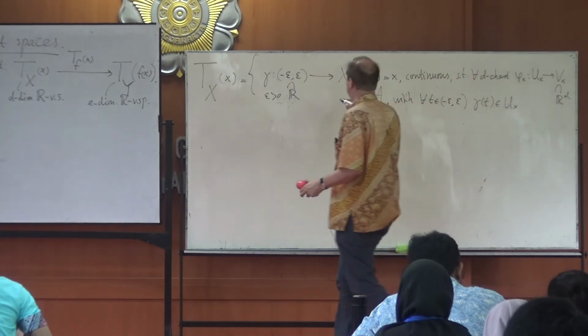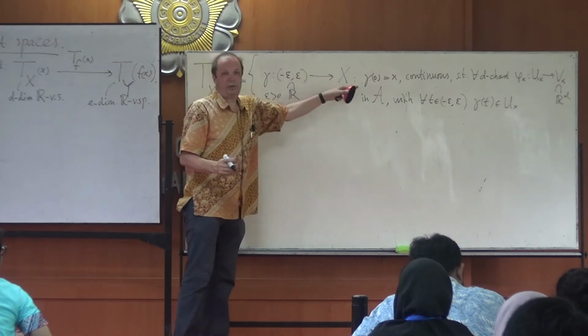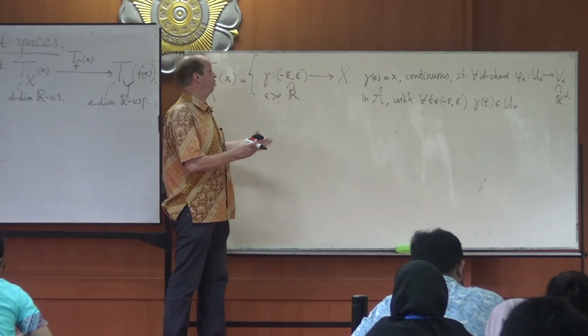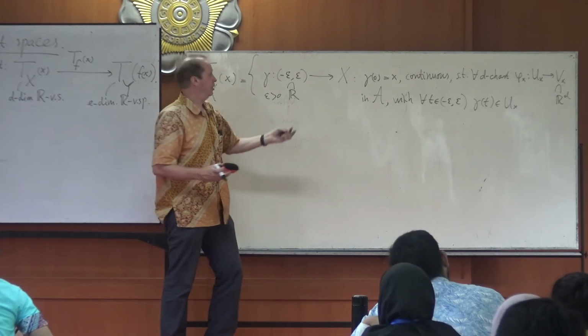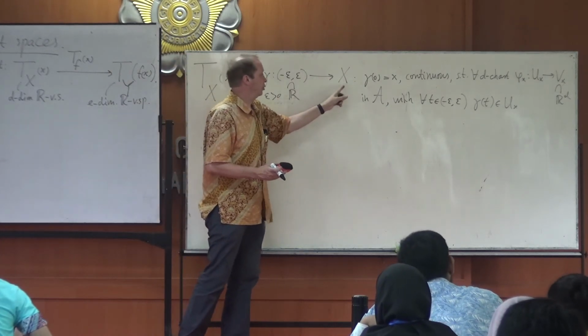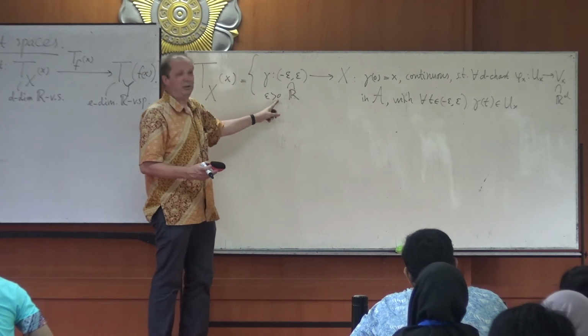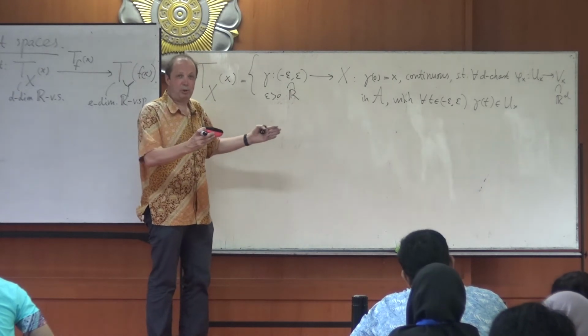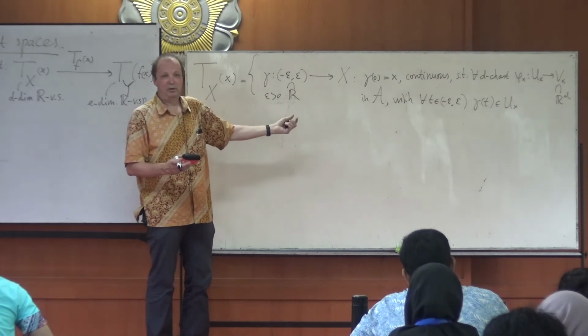I can say, well, here I want curves that go into one chart, right? If necessary, I just make the epsilon smaller, right? That is because this is a continuous map. The inverse image of this U_x will be an open subset that contains the 0. So if epsilon is small enough, then my interval is contained in that open set.